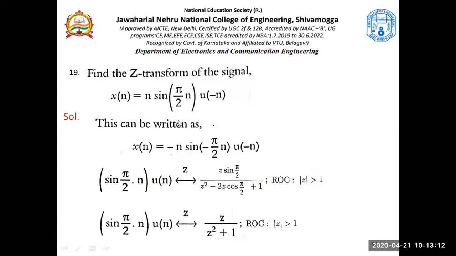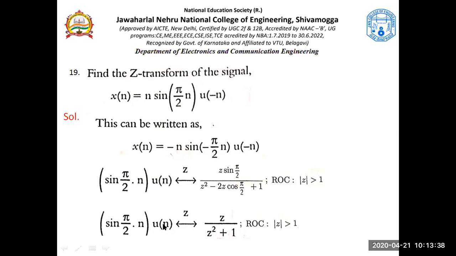Fine. So we have got the z transform of sine pi by 2 n u of n, but here we have minus here and minus here. So we need to introduce minus here. So what are we doing by introducing minus? The signal which was on the right hand side is now going to the left hand side of 0. Understand this? So we are going to introduce a minus sign. When I introduce a minus sign, it is time reversal.